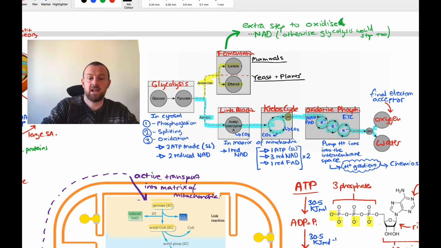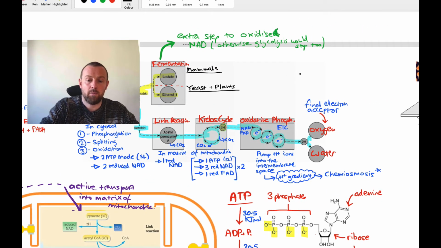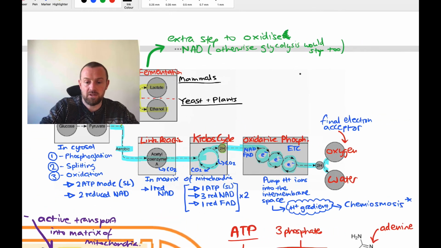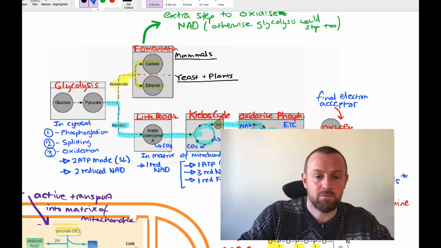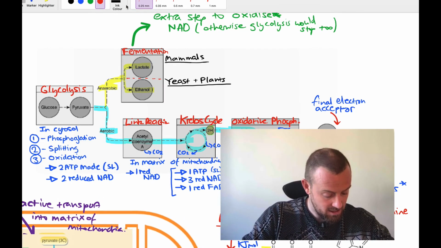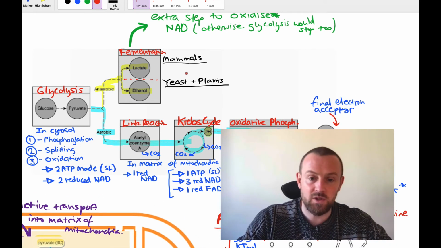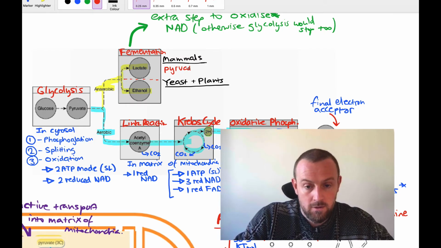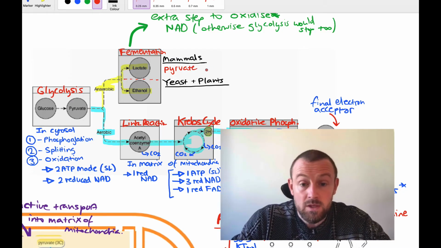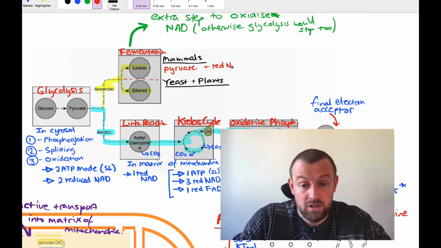So let's look at the stages, or what happens in those two different fermentation reactions. Now in each reaction we're going to oxidize NAD, remember. So first of all, let's look at the mammal pathway. So this is quite simple. I'm just going to do a word equation. You don't need to know the symbol equation. Pyruvate plus, I'll just write reduced NAD.